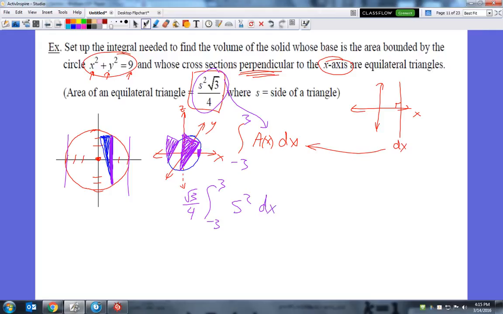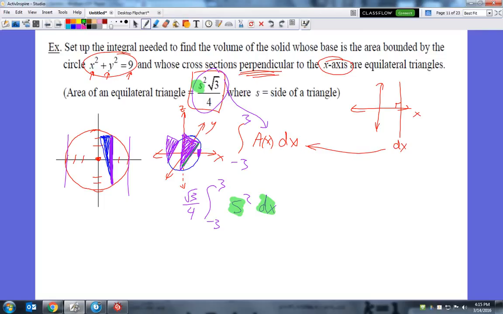The only thing I need to do now is write s, which is that variable in my equation, in terms of x, because I have dx written there. And again, s is the length of the side.